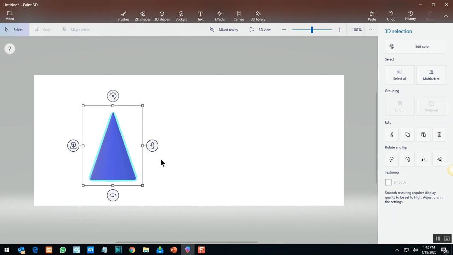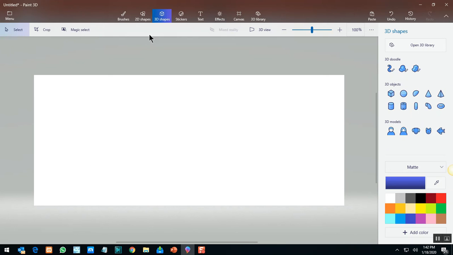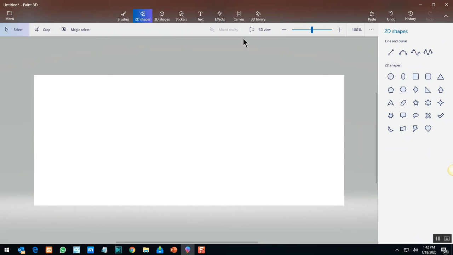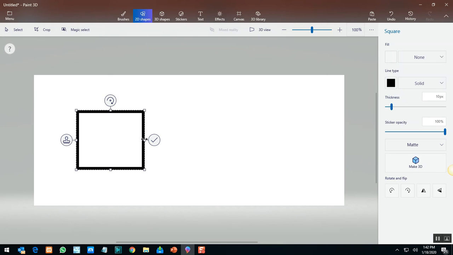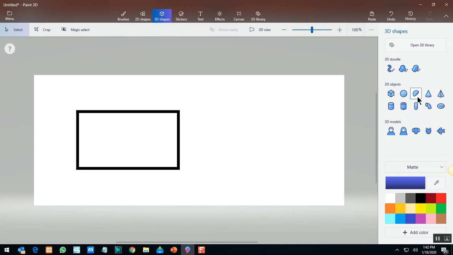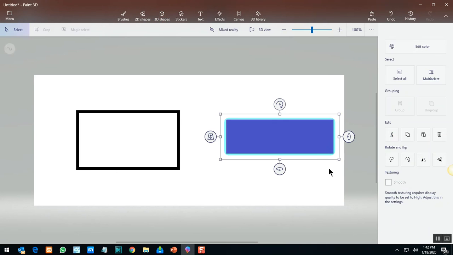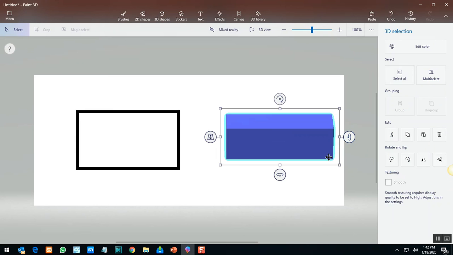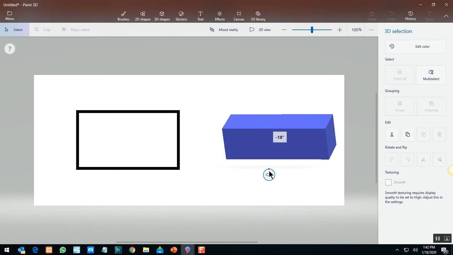Now one more thing I have to ask you. This is the last thing. For example, I will draw two kinds of shapes. One is this shape, and I want to draw one 3D shape for you, which is this one. I will make it like this so you can see it properly.